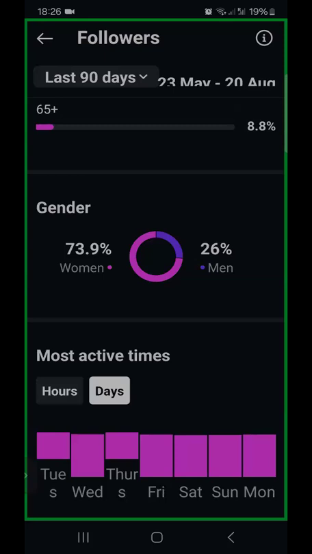If I'm going to really scrutinize it, I'll say the most active days will be Tuesdays and Thursdays. You can see that the bars for Tuesday and Thursday are slightly higher than the other days. So if I'm thinking of posting just twice a week, then I should be looking at posting on Tuesdays and Thursdays because those are the most active days for my followers.